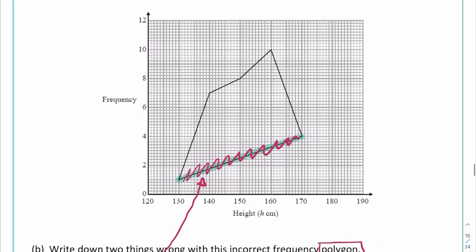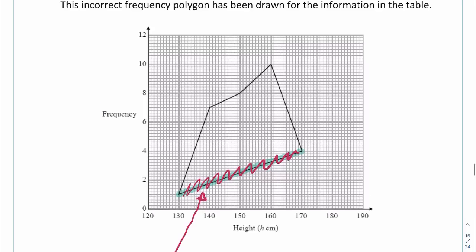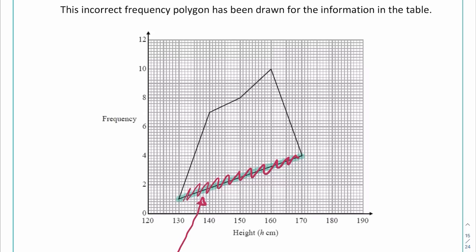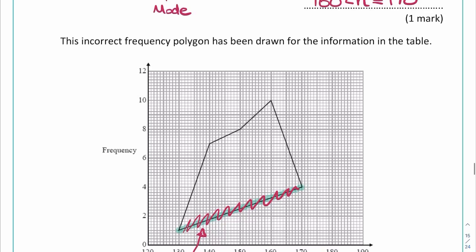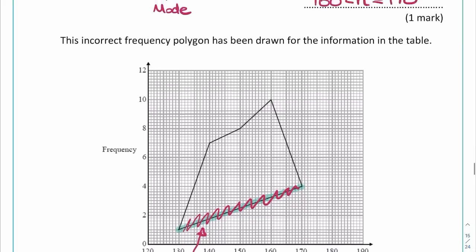Now we need to find the second thing that can go wrong. So if the person drew the axes themselves, they could go wrong. So it's worth checking that. Along the bottom, 20, 30, 40, 50, 60, 70, 80, 90, that goes up in tens, that's fine. And on the left, it goes 0, 2, 4, 6, 8, 10, 12. So that's absolutely fine as well. So it must be the points that are plotted incorrectly.